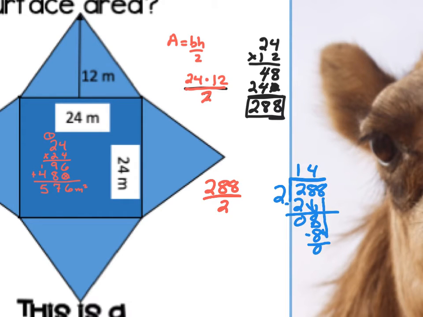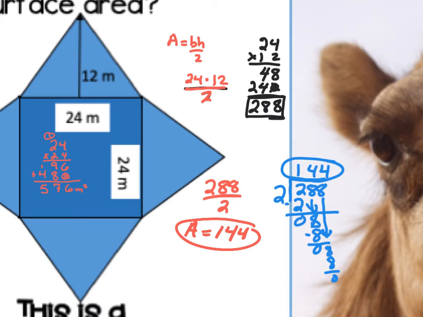And I drop my last 8, and 2 will go into that 8, 4 times. 2 times 4 is 8, and that zeroes out as well, and you get 144. So now I know that my area equals 144. And that's what the area is for each of these.